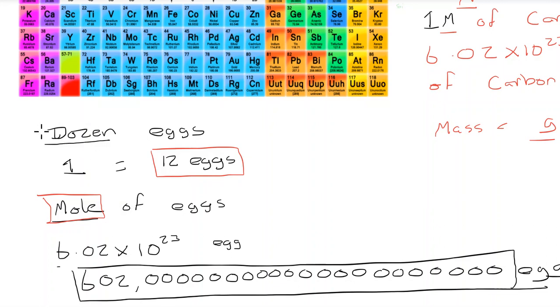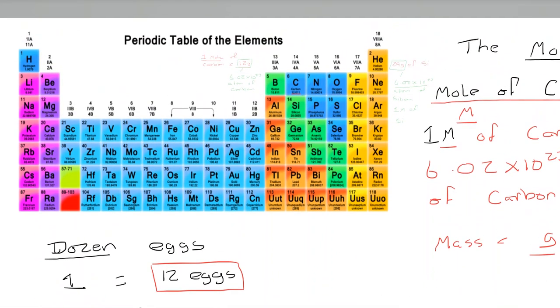It's the same kind of concept as a dozen. The word dozen represents 12, and the word mole represents this huge number. We use this to count the number of atoms that we have, because atoms are extremely small.